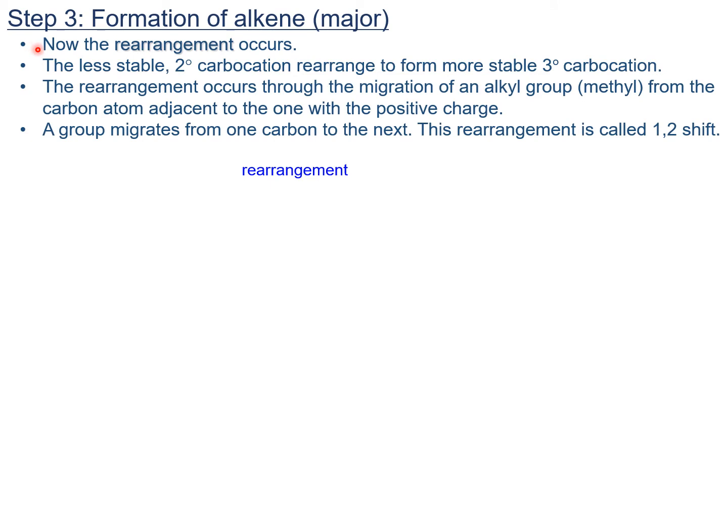Okay, step 3 ni is the formation of alkene, tapi when there is possibilities of your alcohol to do rearrangement reaction, you have to show it at the step 3. Okay, so sekarang ni previously we got this kind of carbocation di mana kita ada secondary carbocation kan, which is less stable.